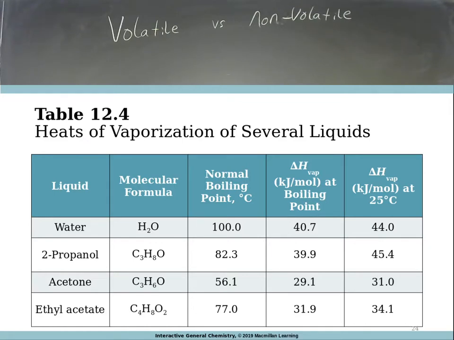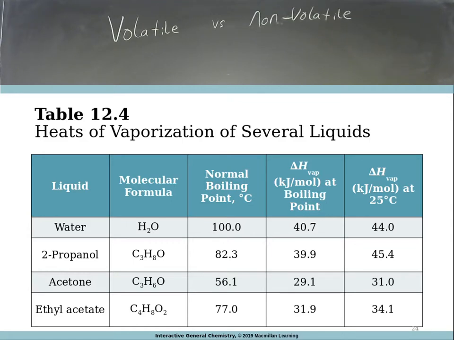But for now, you just need to know that that makes it a little bit difficult to know what value to include in a table. So most of the time, I suppose you're going to be undergoing a phase transition at the boiling temperature. And so you see here we have enthalpies of vaporization for each of these substances at their own boiling point.